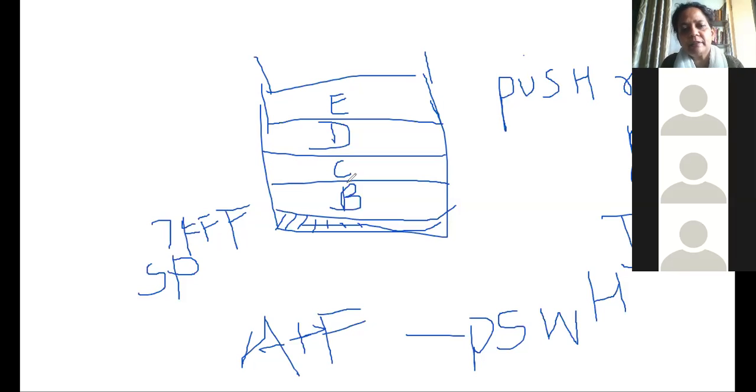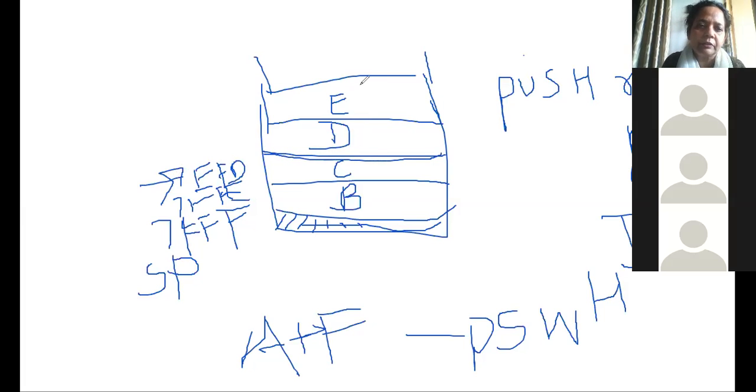Okay. Now when I say push B, at that time at 7FFE the B value will be inserted, sorry, FE, and at address 7FFD the C value will be inserted. So my new stack pointer will now be this, because above this address I can store the contents of other registers.